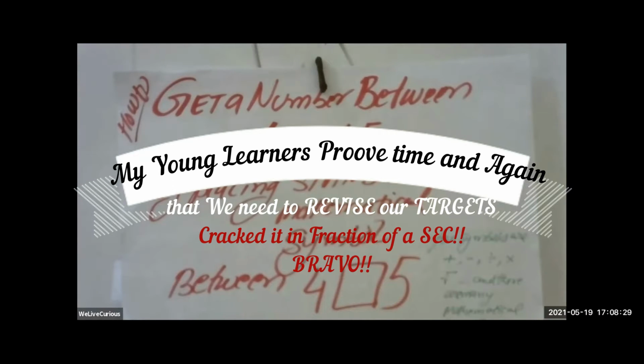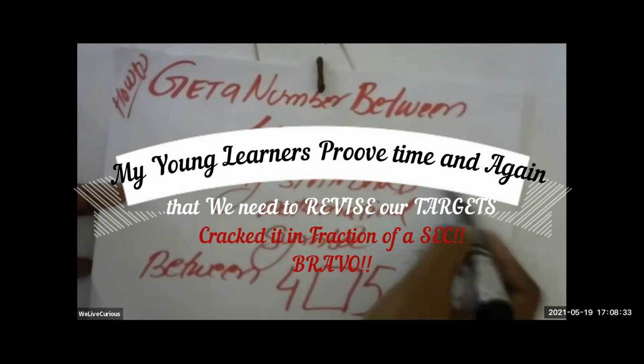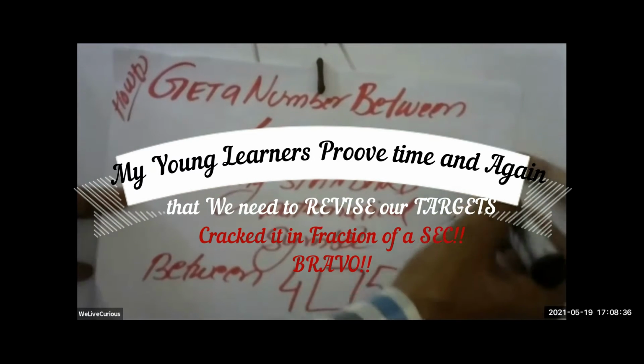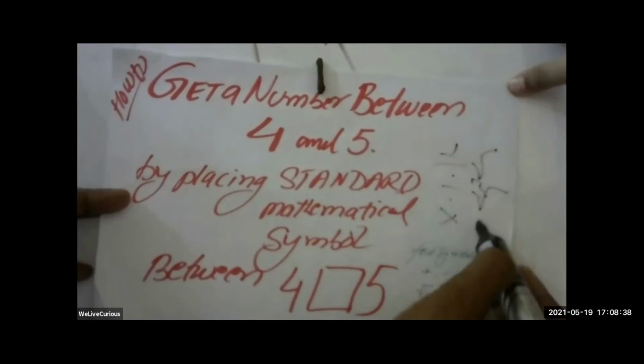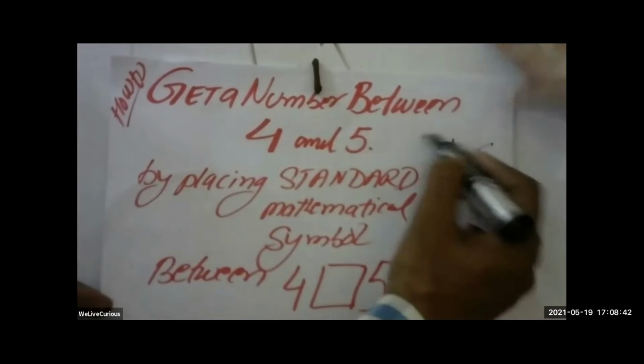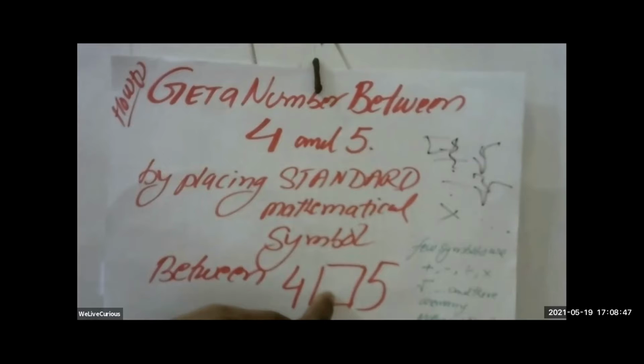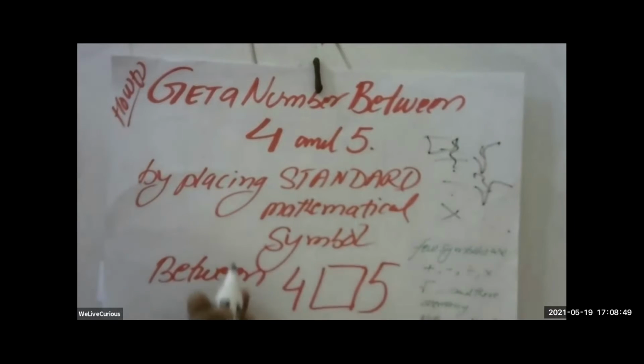Standard mathematical symbols are plus, minus, division, multiplication, square root of 3, and there are so many, brackets, star, and all this. I need a symbol here that gives me a number that is more than 4 but less than 5. Which symbol should it be?